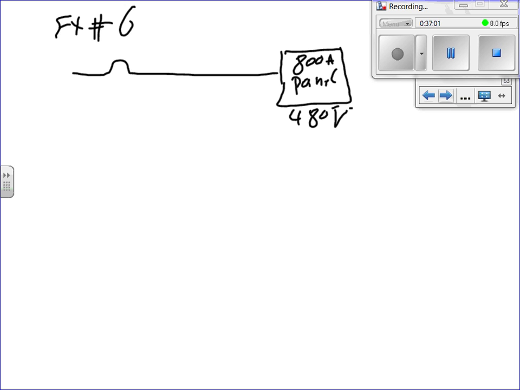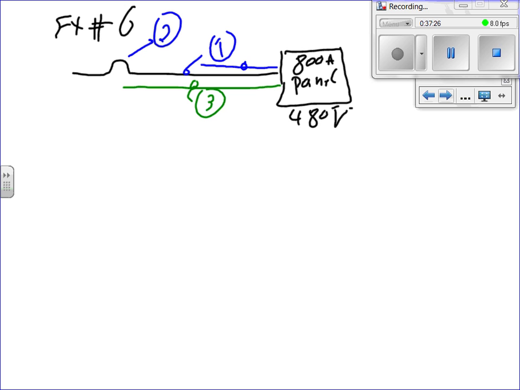Really, you don't need to know the voltage in it. And I need to size the following: number 1, number 2, number 3, number 4. I added number 4 this time.